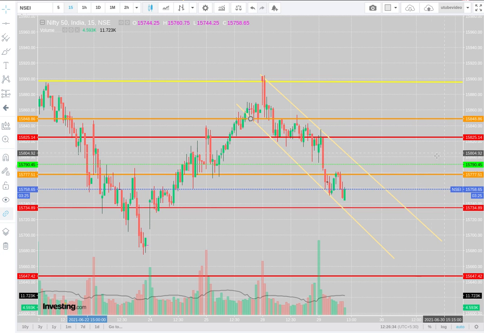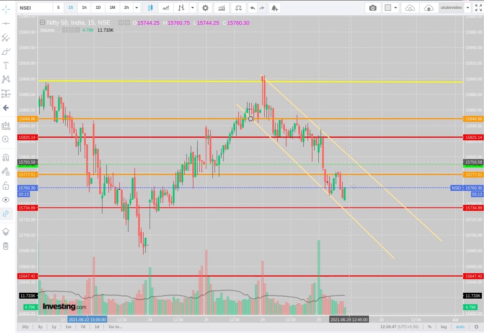This 750 is a huge resistance, so maybe you can buy a 15,800 call and sell a 15,750 call, right? Because now you think that no matter what, even if Nifty faces resistance, it won't breach this particular level.